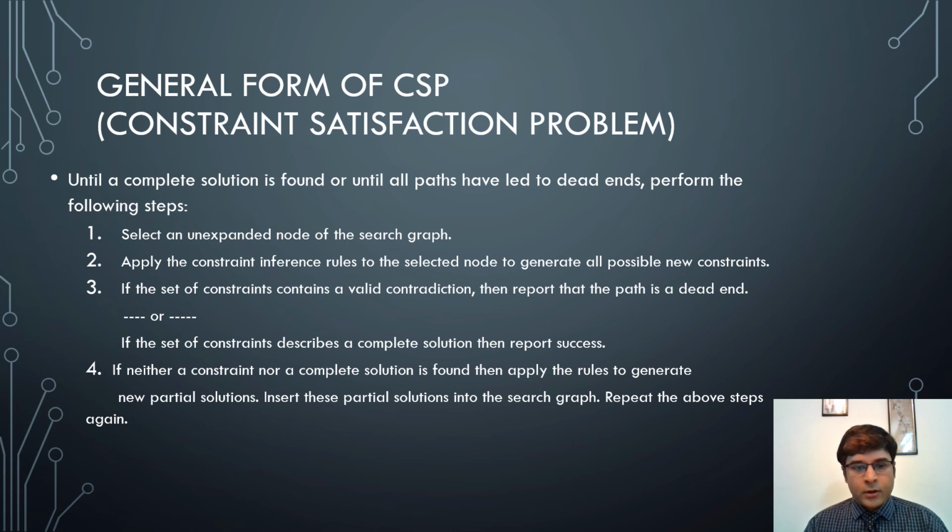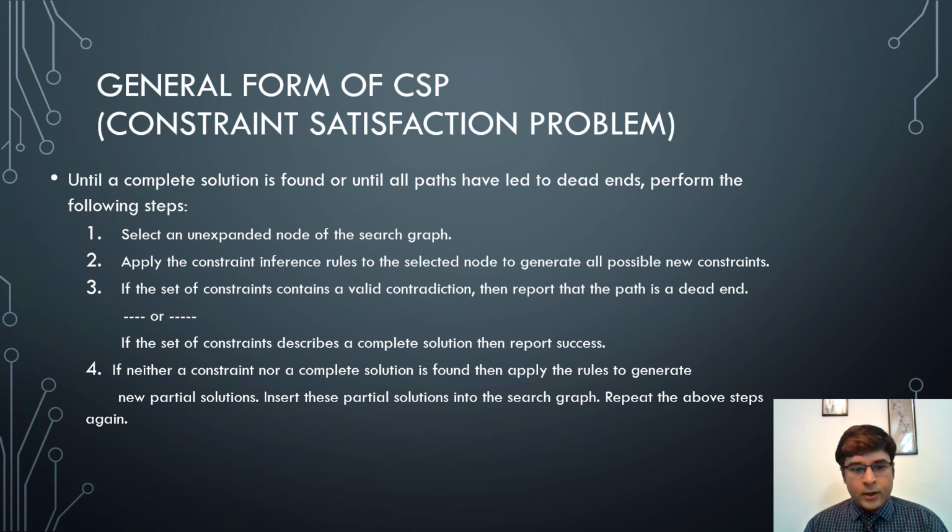So we have to apply all the constraint rules to the selected node, so we get the unobvious nodes out of the search. Then, if the set of constraints contains a valid contradiction, report that the path is a dead end. So it implies that there is a contradiction, or we have in fact reached a dead end.